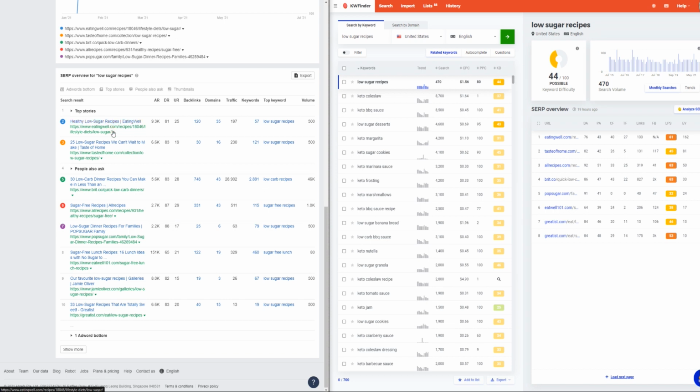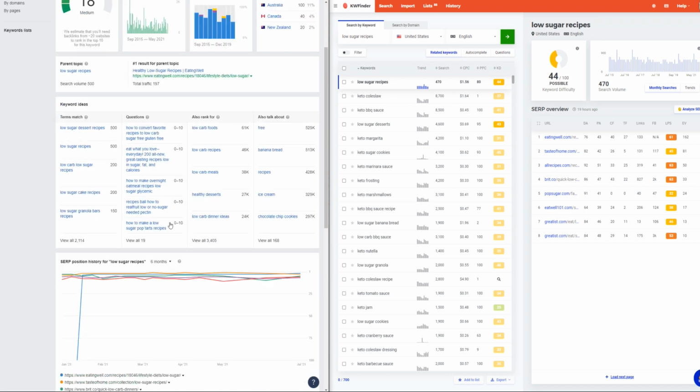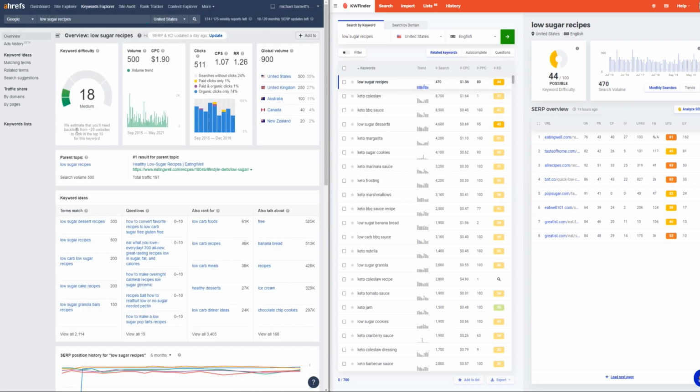Low sugar recipes from Eating Well is a DR of 81. Low sugar recipes from Taste of Home, 83. They're going to be very hard to rank over, especially with any kind of new site. This low sugar one is from a DR 88 site. So I'm kind of thinking 18 is a bit low.